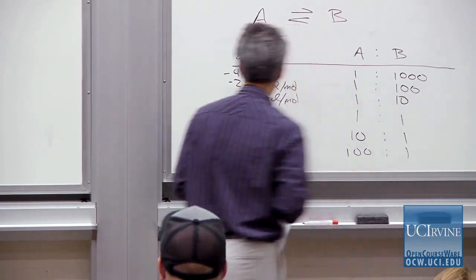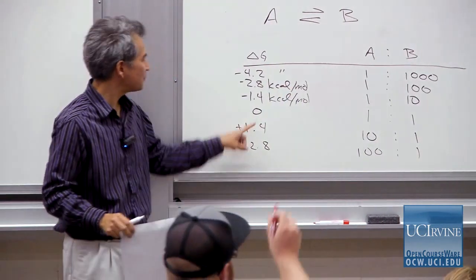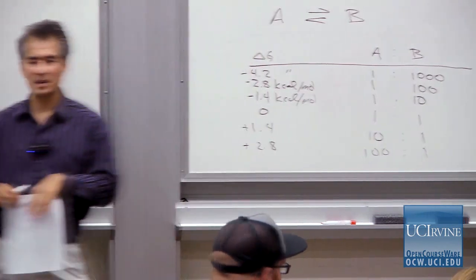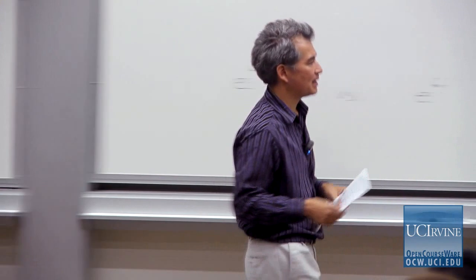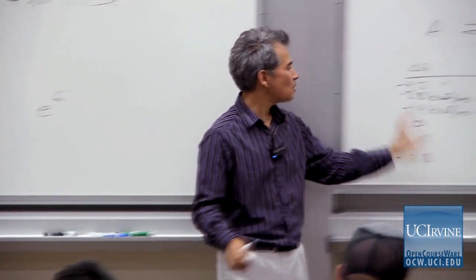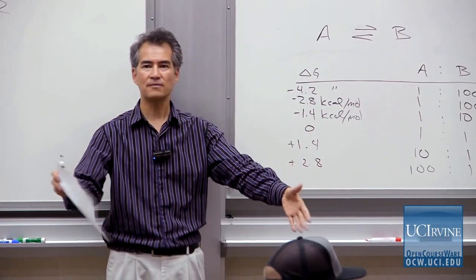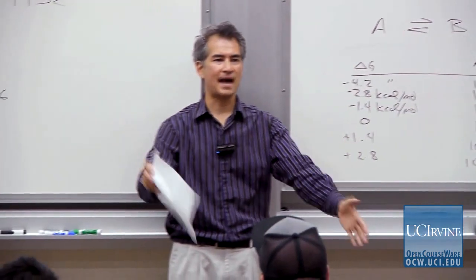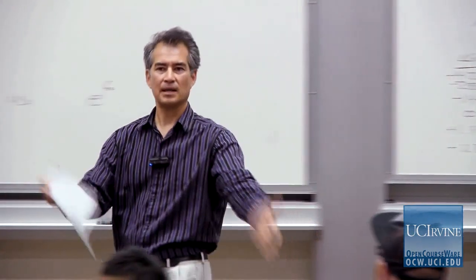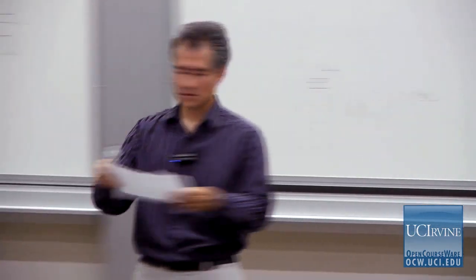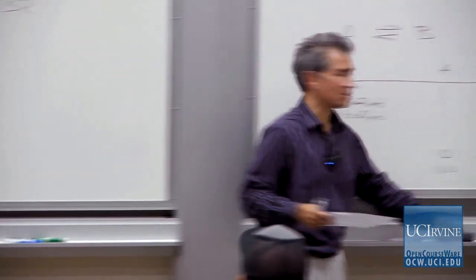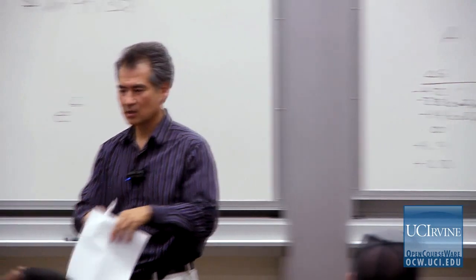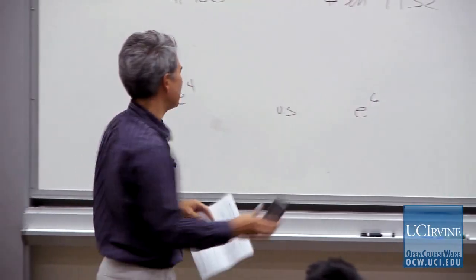And if I add another 1.4 kcals per mole to that penalty, now that's really a disfavored reaction by 100 to 1, and you can keep filling. So I expect you to know that 1.4 kcals per mole is a factor of 10. And I expect you to apply that. So free energies are only useful to the extent that you can convert them to ratios. I expect you to be very fast with this 1.4 kcals per mole bit.